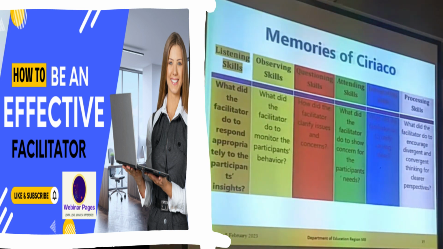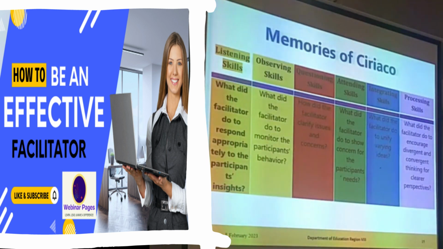Then, what did the facilitator do to unify borrowing ideas? Brainstorming activities. Important, the facilitator used the results of the topic that led to the attainment of the goal. So that's integrating skills.